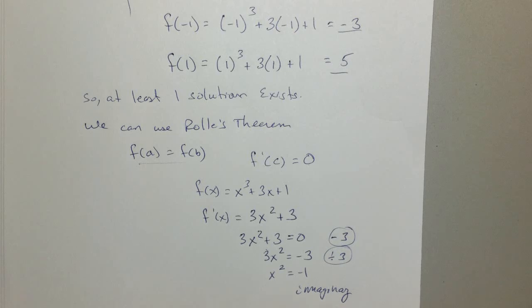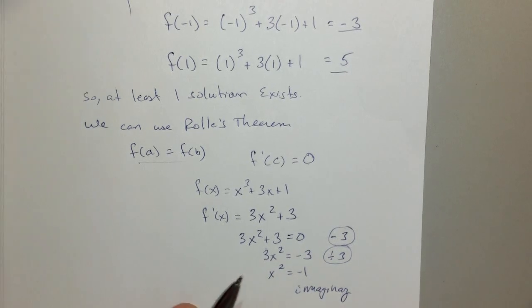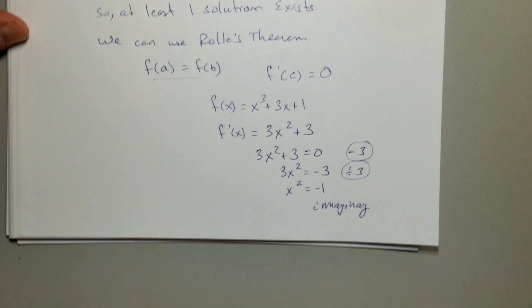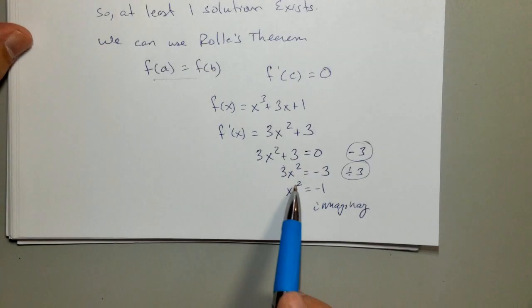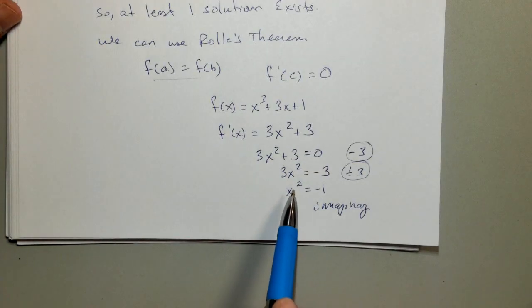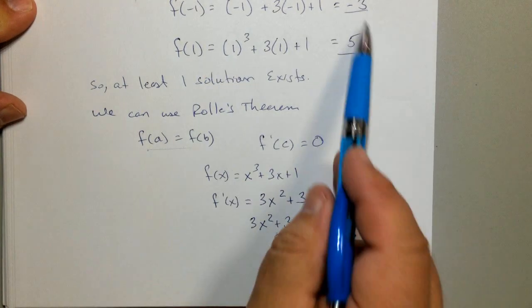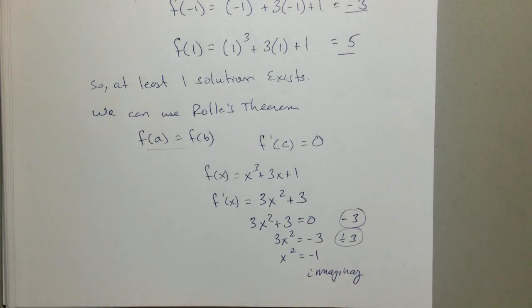Which means there can't be more than one solution. Think of it this way. At negative 1 and 1, we have opposite signs, so they're on opposite sides.